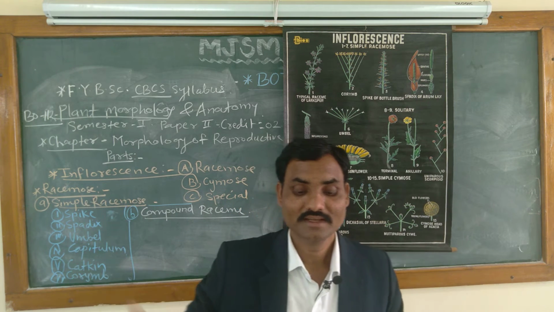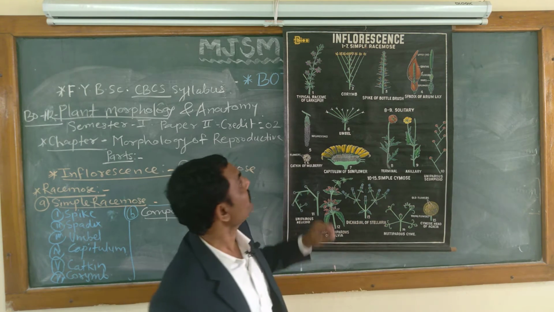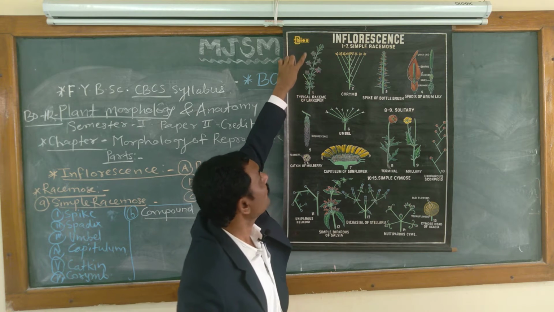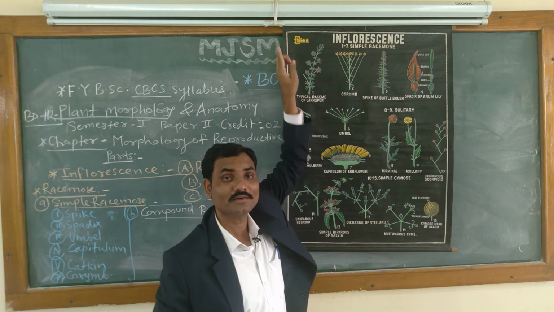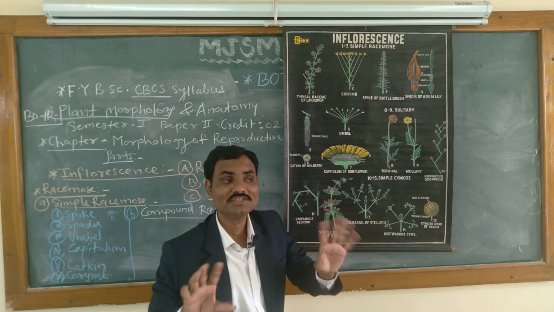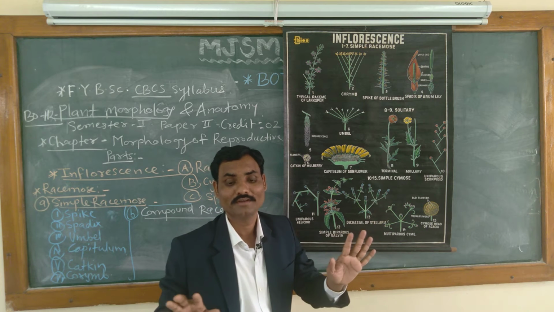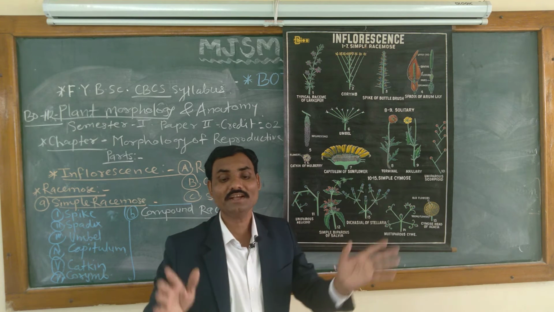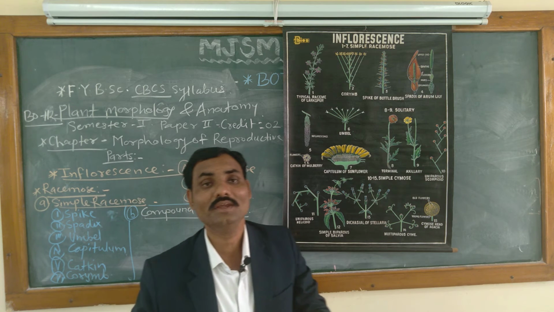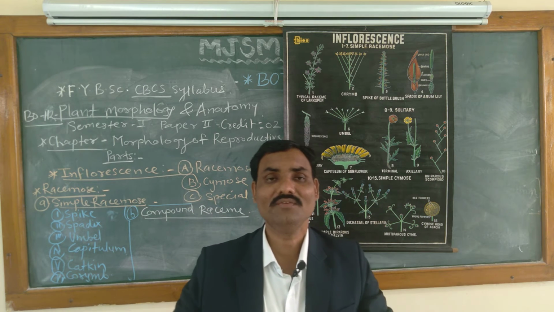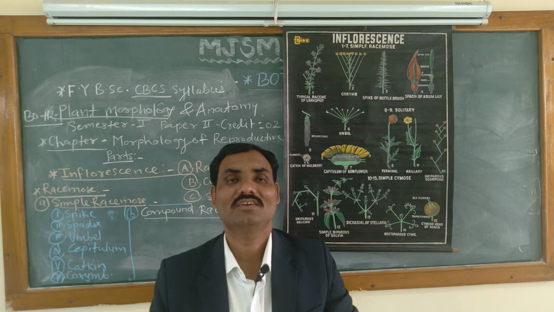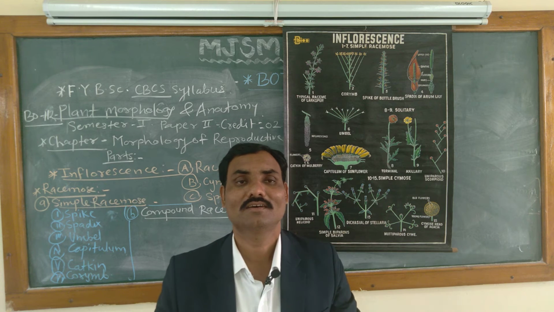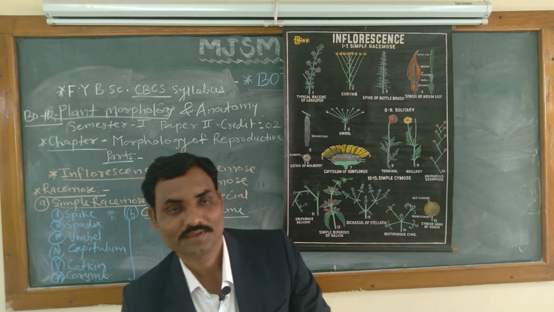That is, the primary axis grows indefinitely. This axis grows indefinitely. We don't know the definite length of that rachis. That is called indefinite growing. There is no definite length of the rachis.